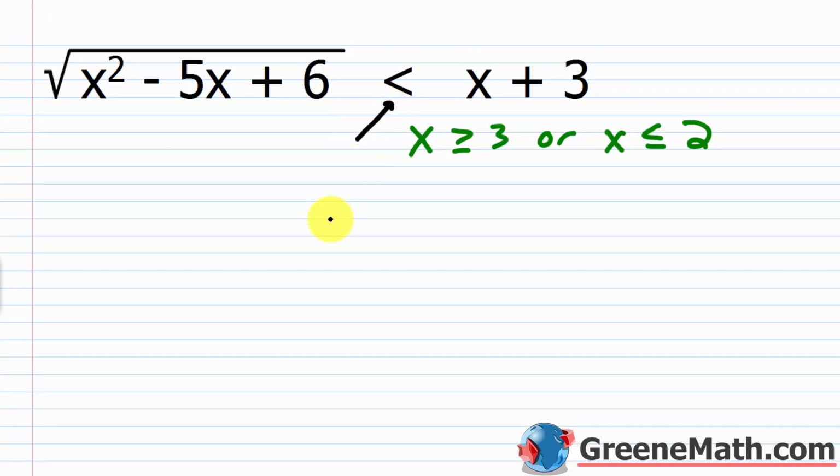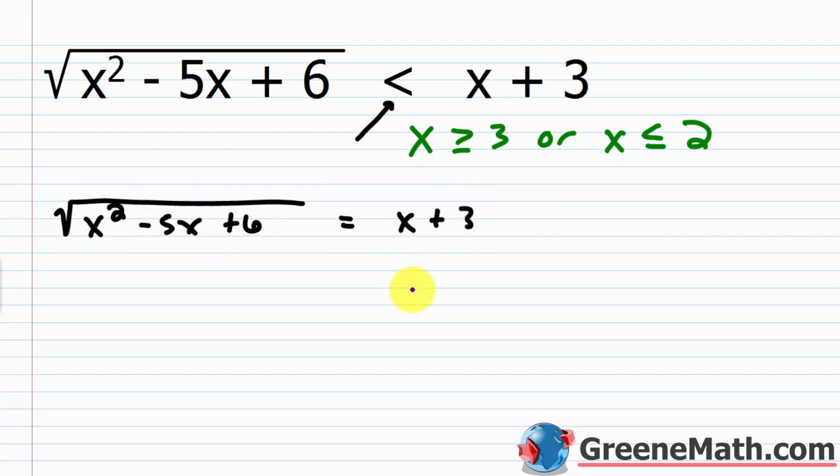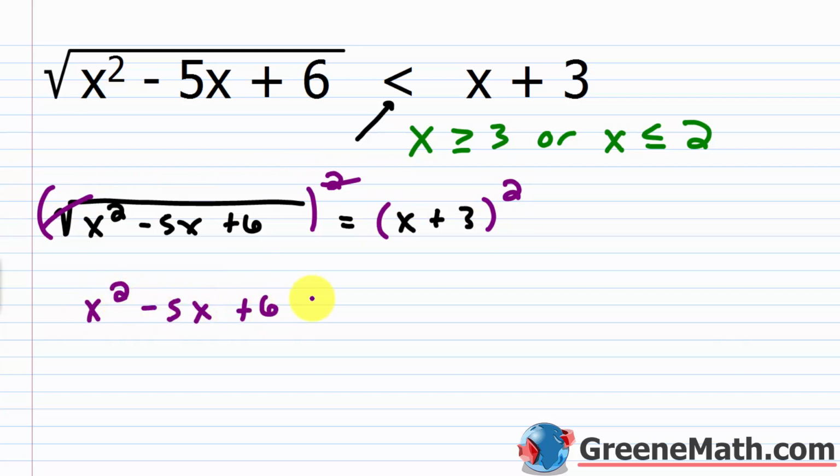I'm just going to replace that with equals. So I'm going to have that the square root of x squared minus 5x plus 6 is equal to x plus 3. So to solve this, my radical is already isolated on the left. So I'm just going to square both sides. So this is going to cancel with this, and I'll have my radicand of x squared minus 5x plus 6 is equal to, again, you've got to expand this.